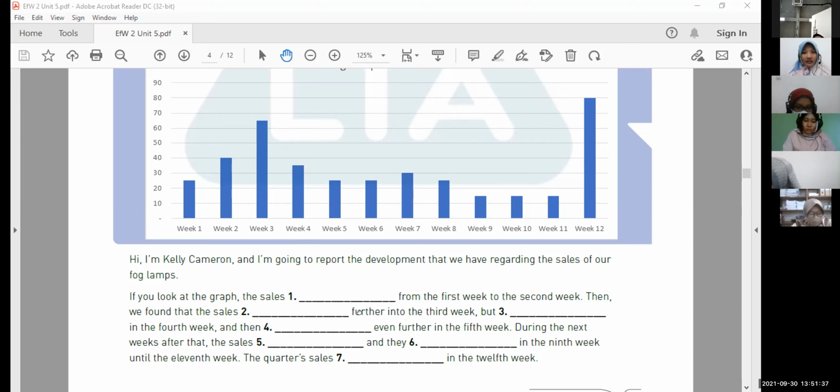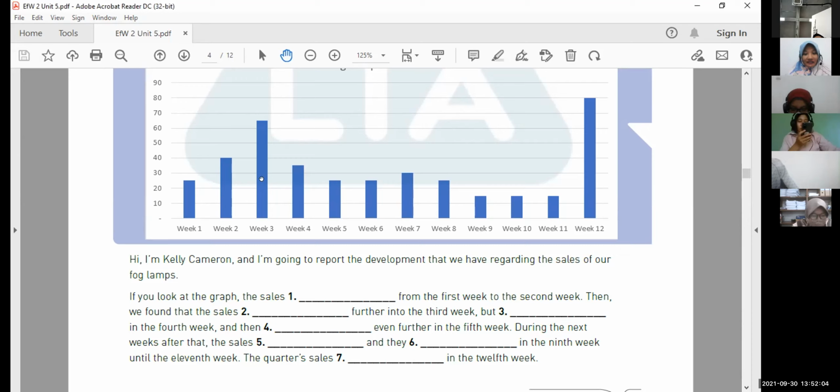Now for the next one, can I have number 3 and 4 from group 2, Miss Ayu and Miss Tita? Please read the sentence and answer it. Number 3, growth fell in the 4th week and then dropped even further in the 5th week. Very best. Thank you, Miss Ayu.